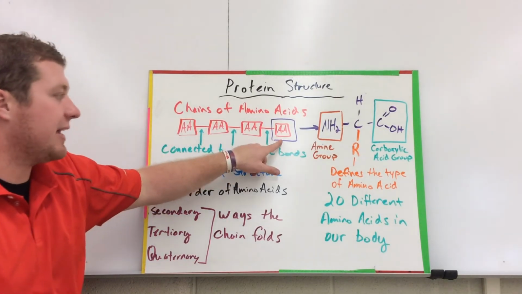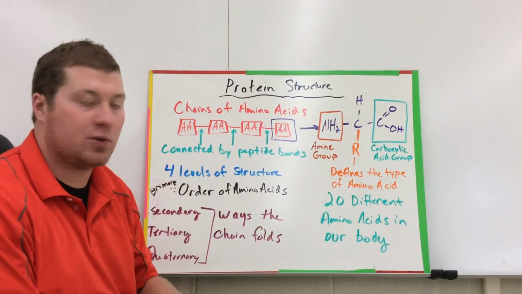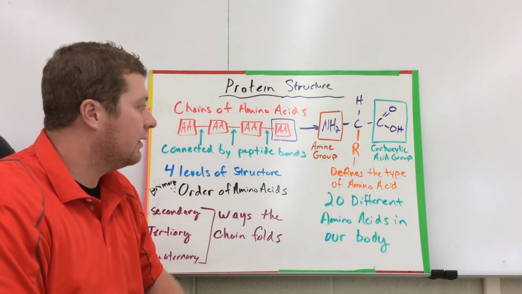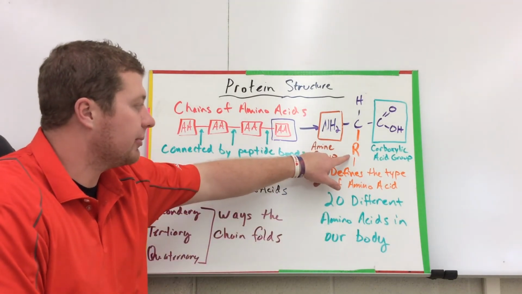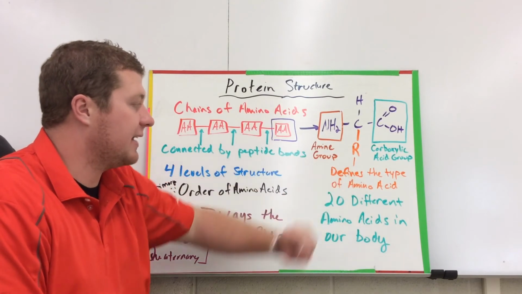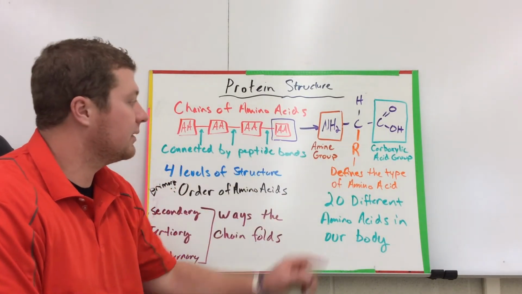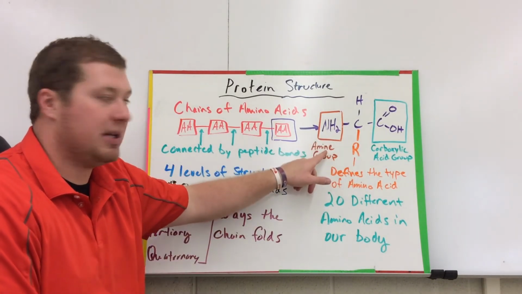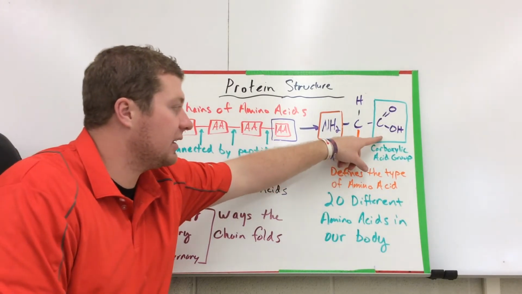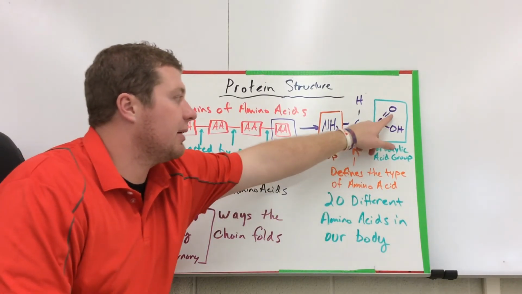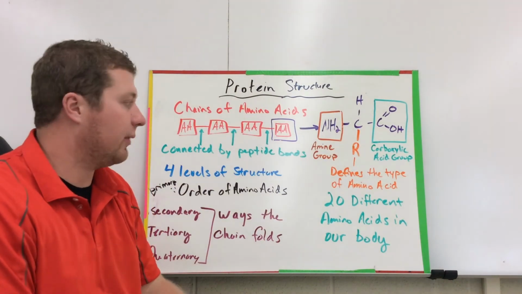Now if we take an amino acid and break it down, there are some parts to the amino acid. First of all, there's this R group. That defines the type of amino acid. There is an NH2 or an amine group and a carboxylic acid group, C with a double bond to an O, C bond to an OH.